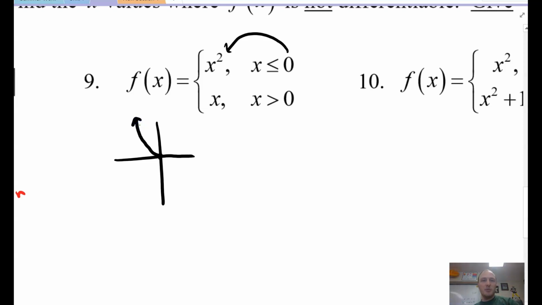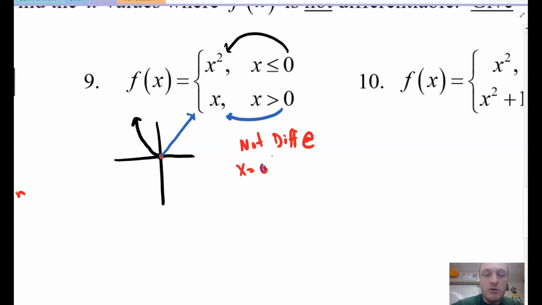For the piece to the right, if I plug this in I get 0, but it's a line, so it looks something like this. Clearly this is not a jump discontinuity. I have a continuous function, but what's the issue here? Well, the issue is right here. So again, this is not differentiable at x equals 0 because of a sharp turn.